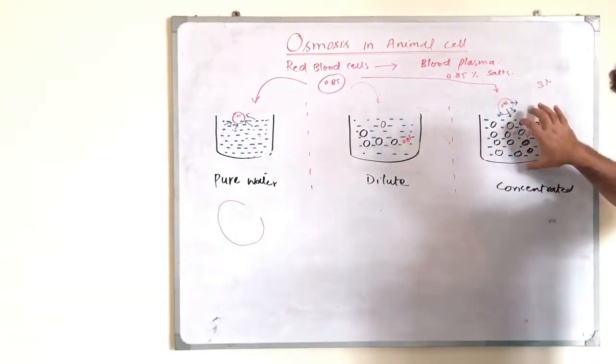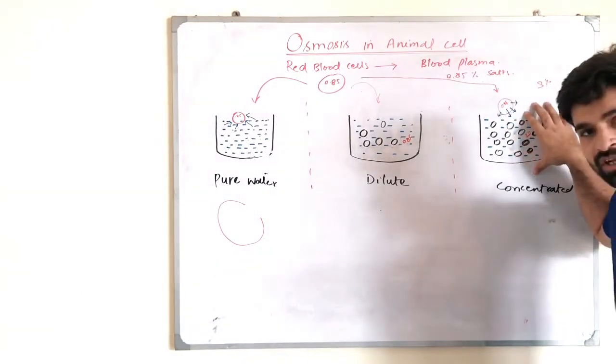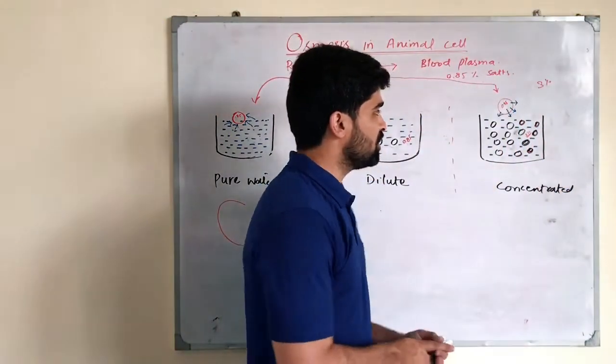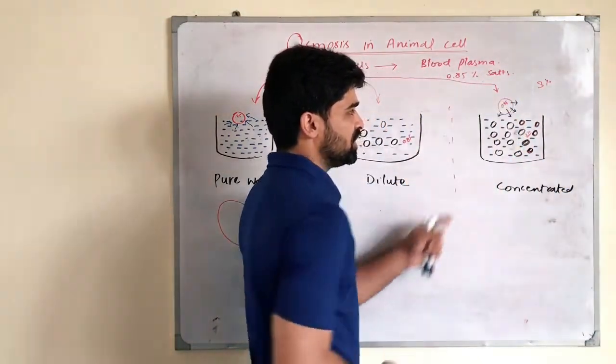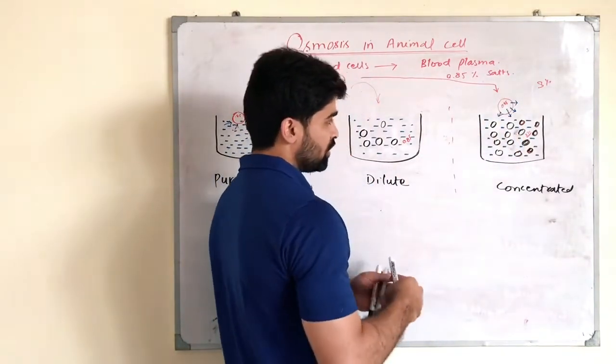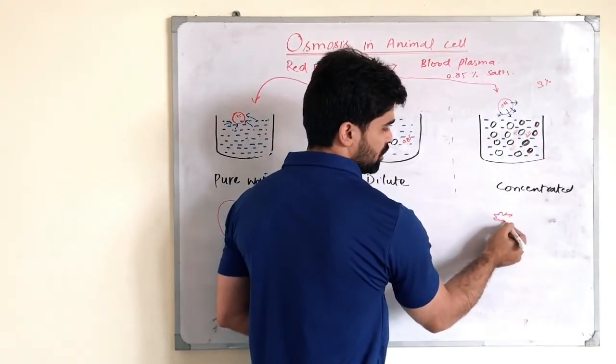and as compared to this beaker, the water potential is high inside the cell, not in the beaker. So the water molecules will come out of the cell membrane into this solution, and this cell will shrink down.